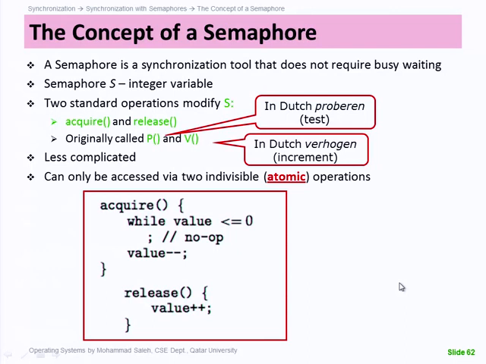So, a semaphore is an integer with 2 atomic operations. One operation increases the value of this integer, the other one decreases it. It's just an increment or decrement. That's what they do.